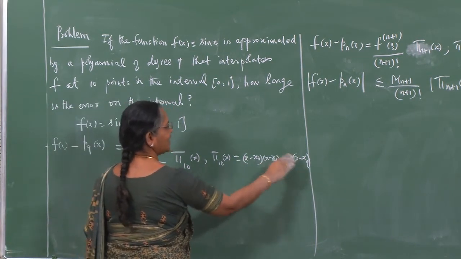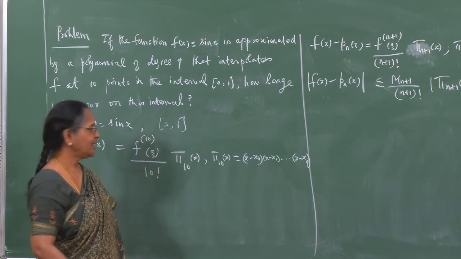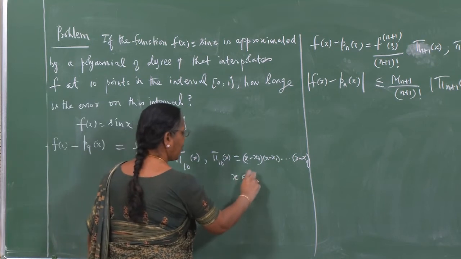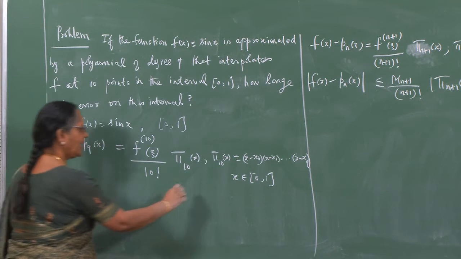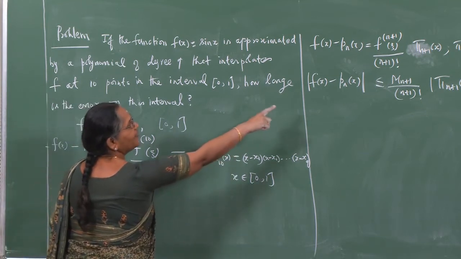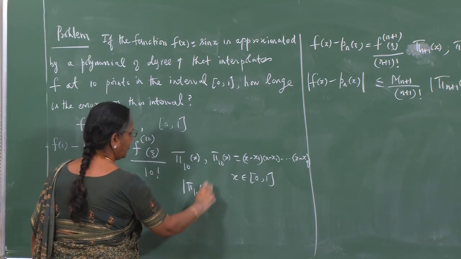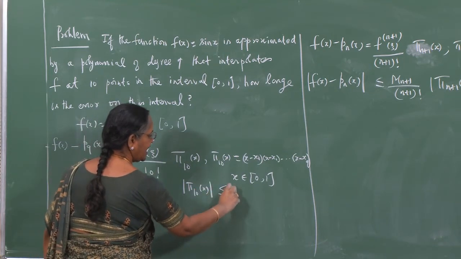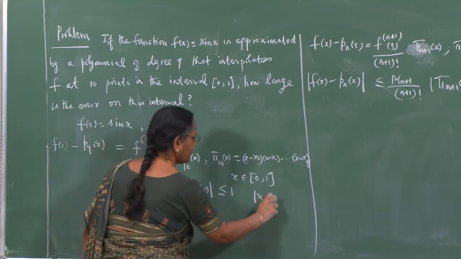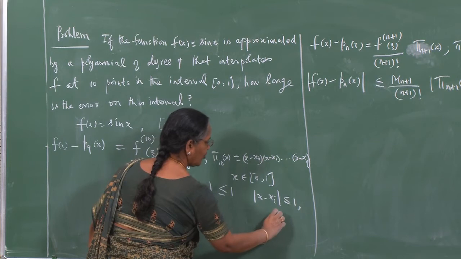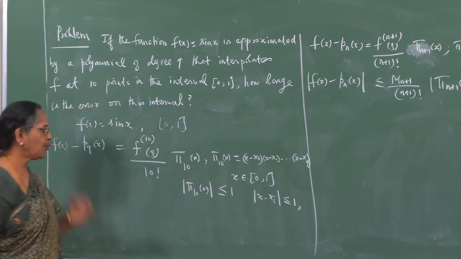X naught, x 1, up to x 9 all lie in the interval 0 1, and x is again a point in the interval 0 1. So, when I want to determine the error bound, I require the modulus of pi 10 of x. That will be less than or equal to 1, because the modulus of x minus xi is less than or equal to 1 for x and xi lying in the interval 0 to 1.